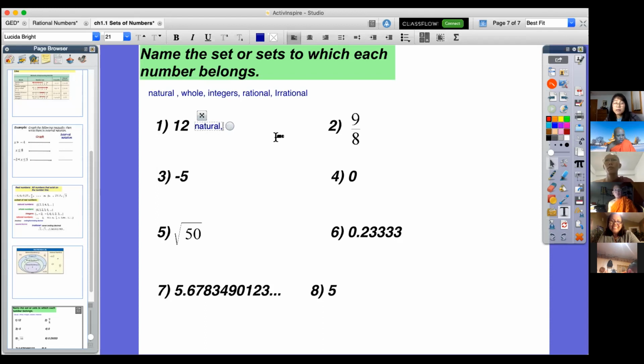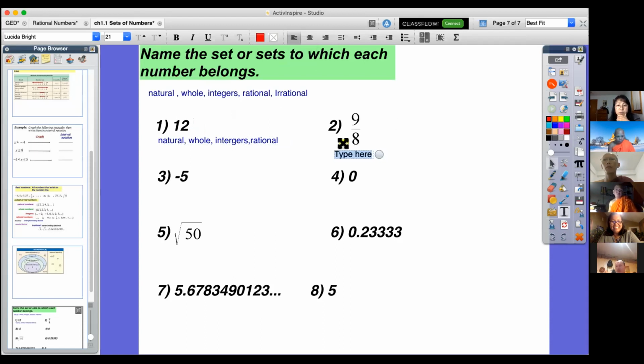Is 12 a whole number? Yes. Is 12 an integer? Yes. Is 12 a rational number? Yes. Is 12 an irrational number? No. So it's only those. All right, now your turn.